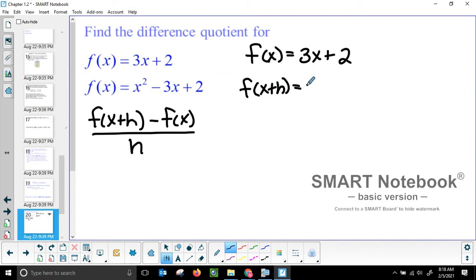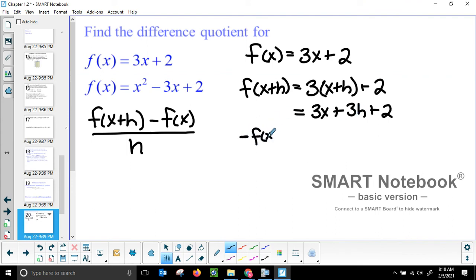So I rewrite my function, 3, but where I see an x, instead of putting x, I put x plus h. Just like you would plug in a 2 or plug in a 5, you plug in x plus h. Well, now we can go ahead and distribute this. So 3 times x is 3x, plus 3 times h is 3h, and then I still have my plus 2. That's it. That is my f of x plus h.